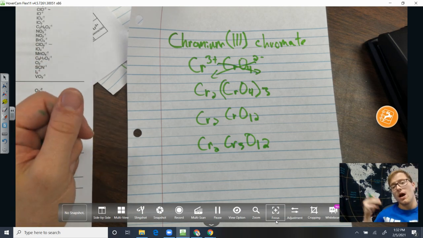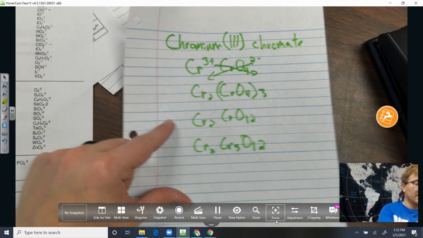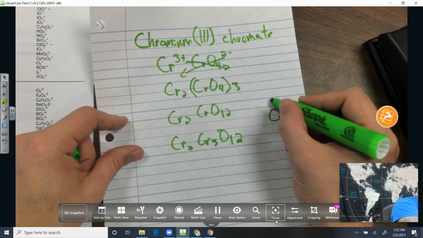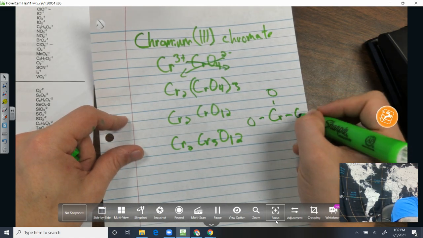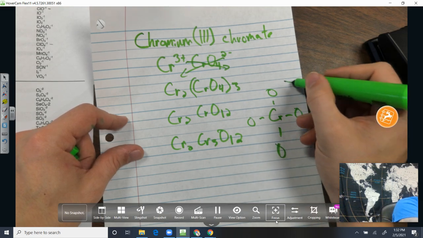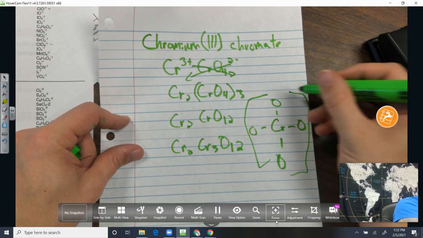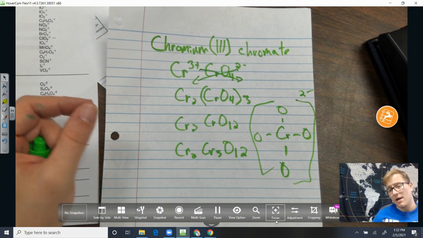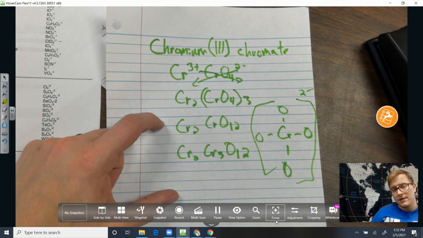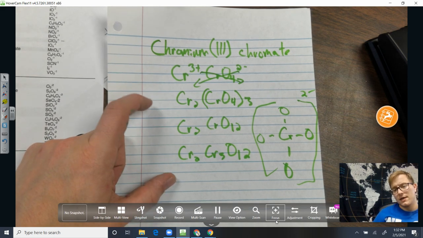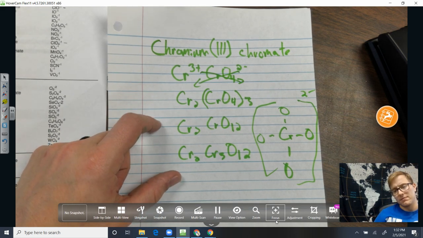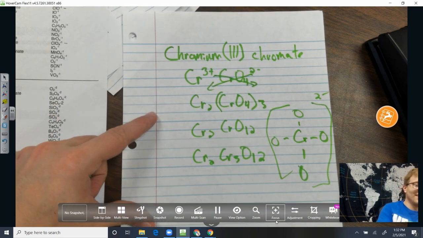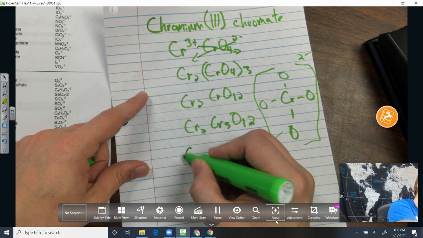It's bonding to a complex, chromium oxide 4, which is all 2 negative. It's not bonding to 12 oxygens. It's not bonding to 3 chromiums. What else is a bad example? Oh yeah, my favorite. I've gotten this before.